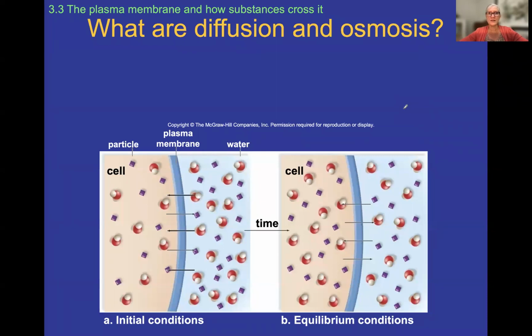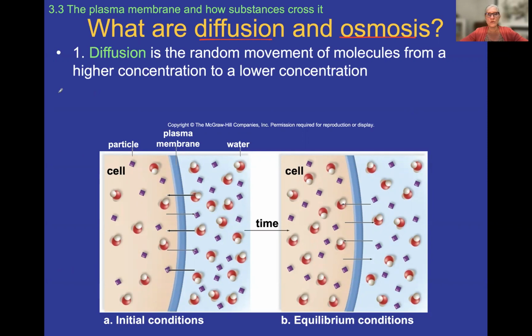With the two processes known as diffusion and osmosis, what you want to understand, remember I just said these are passive processes. They don't require the addition of an energy molecule called ATP. And with diffusion, you have random movement going across the membrane, and it's always going to be from high to low concentration.